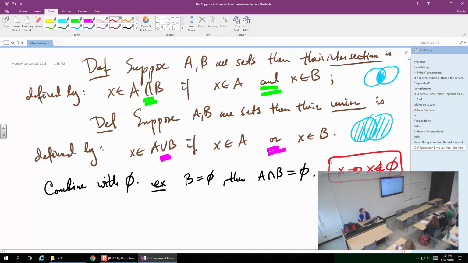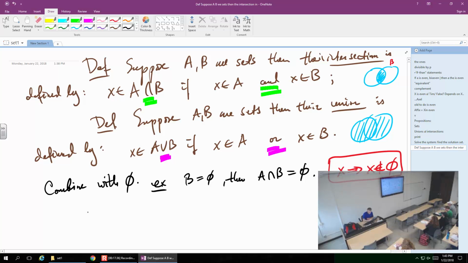Well, it certainly stands to reason. You can just imagine the intersection at the right top corner. What if this is B and this is empty? It has no elements. So a whole set intersects with something that's not there. Is there any element that belongs simultaneously to A and B? It cannot belong to B because there are no elements. So there, you fail right away.